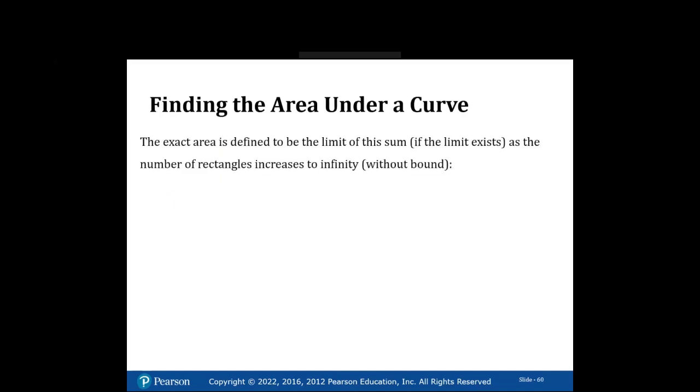So the exact area under the curve is defined to be the limit of this sum, as long as the limit exists. So I'm starting with my n rectangles, and I want to find the limit as n goes to infinity, until I do as many infinite rectangles as possible.